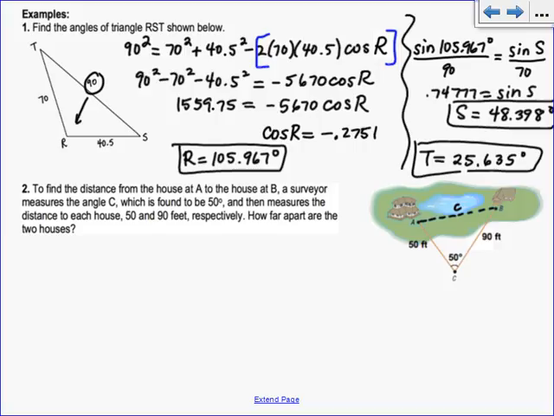So we're starting out with C because that's the angle we have. So we're going to say C squared equals 50 squared plus 90 squared minus 2 times 50 times 90 cosine of 50. And this is one that you could just put straight into your calculator because you don't have cosine of A or cosine of R or whatever.